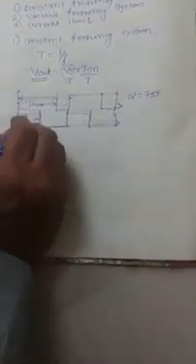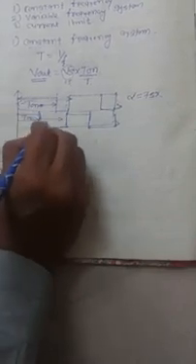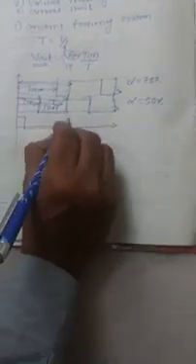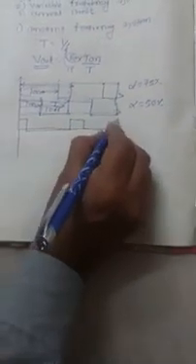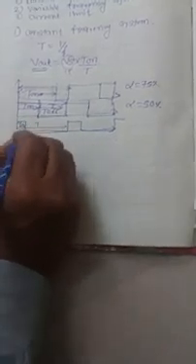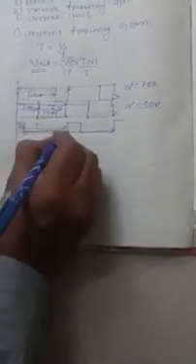This is T on time, T off time, and the total time T. The duty cycle is 50%. In this figure, T on is 25% and T off is 75%, that means the duty cycle is 25%.